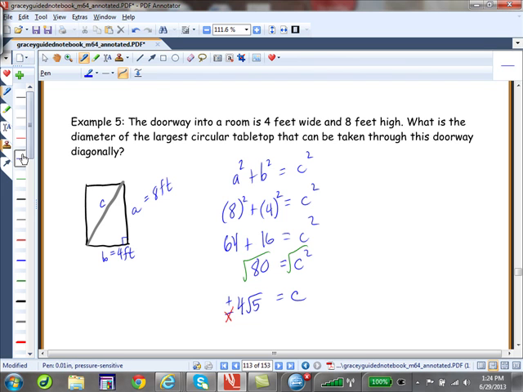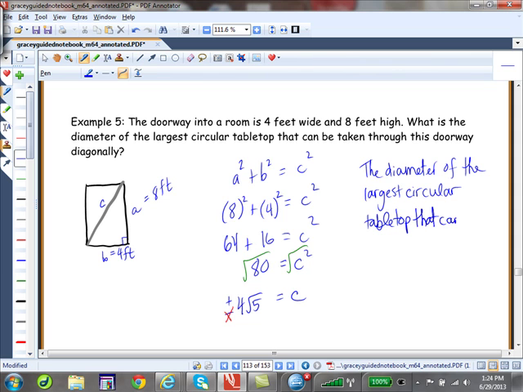So let's answer the question in words. We'll just reword it: the diameter of the largest circular tabletop that can be taken through this doorway diagonally is 4 root 5 feet.